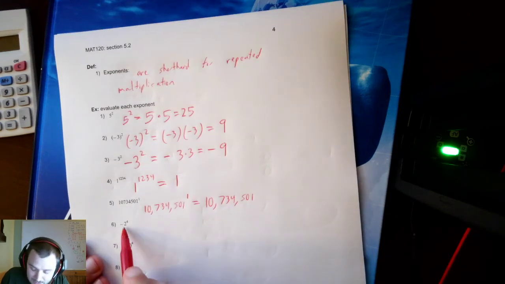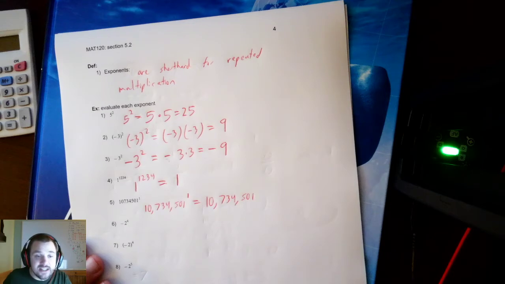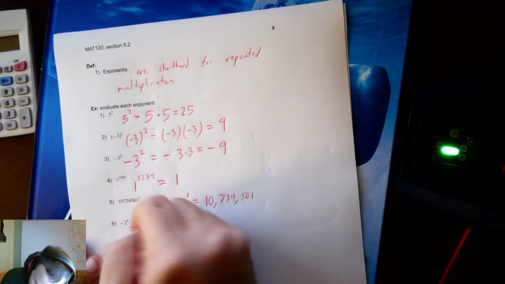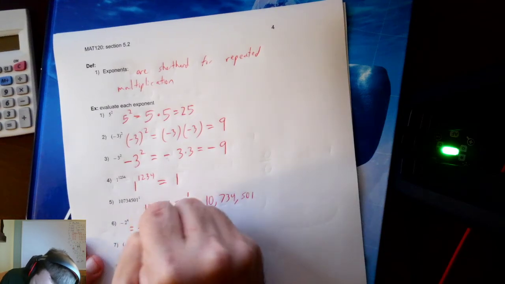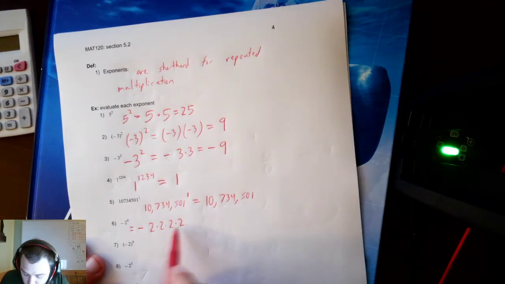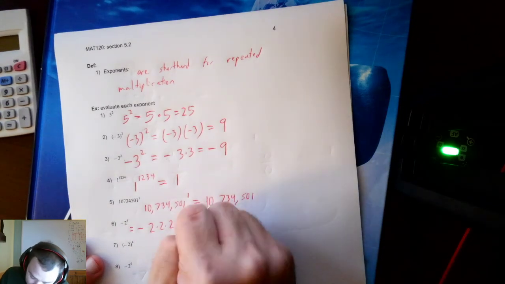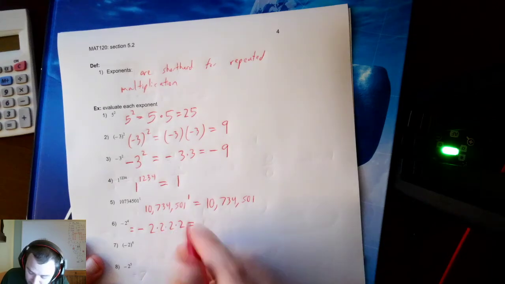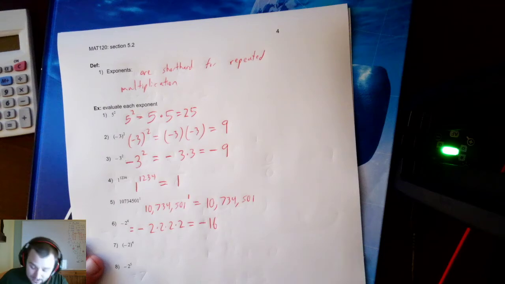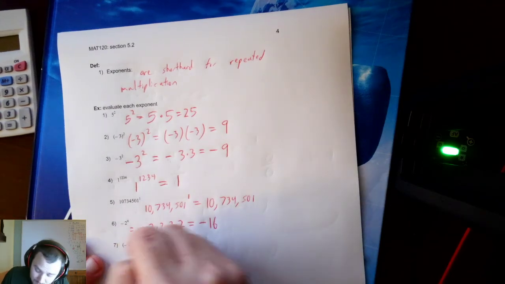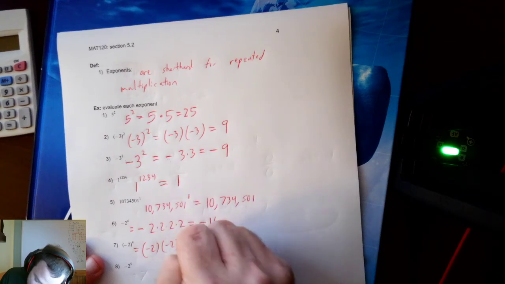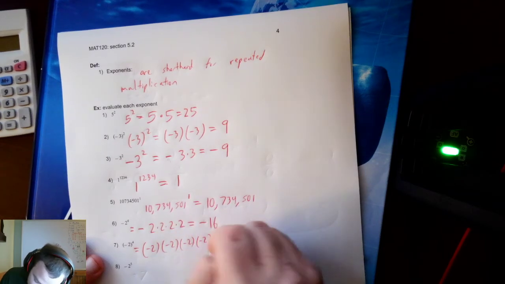Our sixth example, we're back to negatives. This one does not have parentheses. So I'm going to write negative 2 times 2 times 2 times 2. I take 4 copies of 2, but not 4 copies of the negative. 2 times 2 times 2 times 2 is 16. So that'll be negative 16. Here, I take 4 copies of what is inside the parentheses.